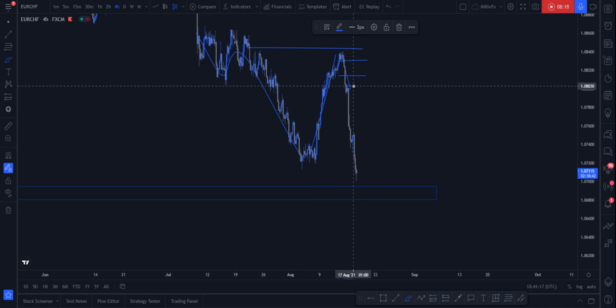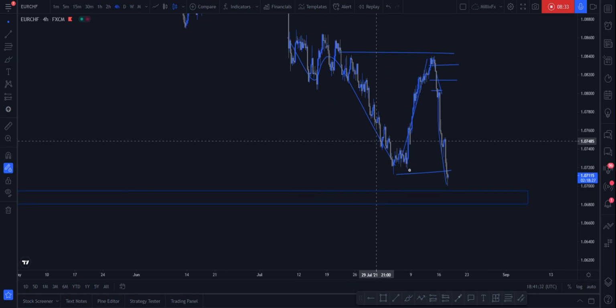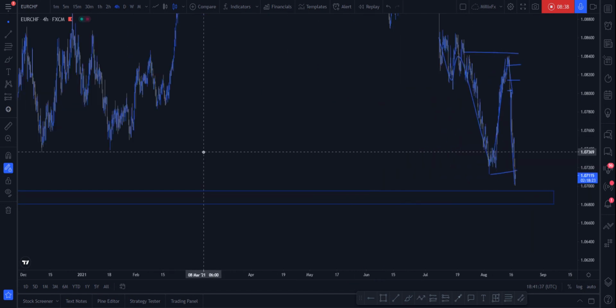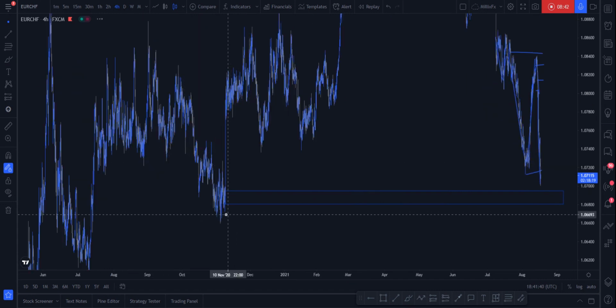Look at where this swing is, but my spreads took me out. Now look at this whole move to the downside. I was taken out of my trade, and I'm pretty sad, but it's fine. We have a nice advantage coming up, so I shouldn't be afraid. The market has so many opportunities that you shouldn't waste your time on one market, panicking and thinking you are not good enough.